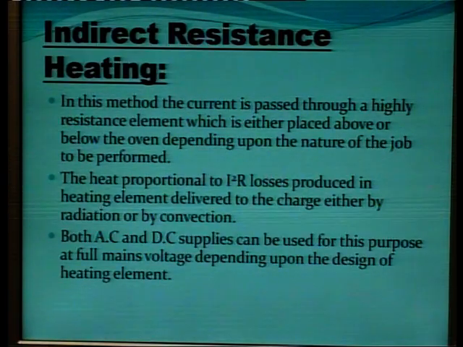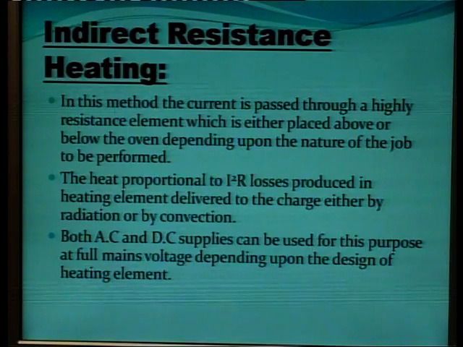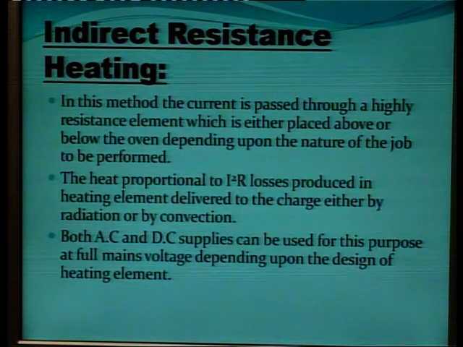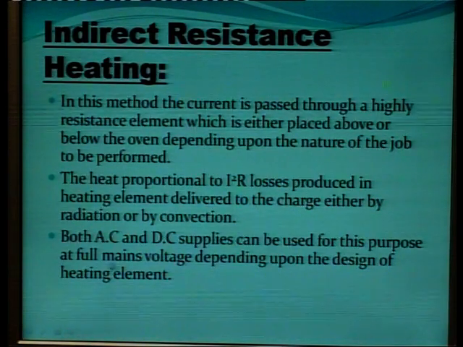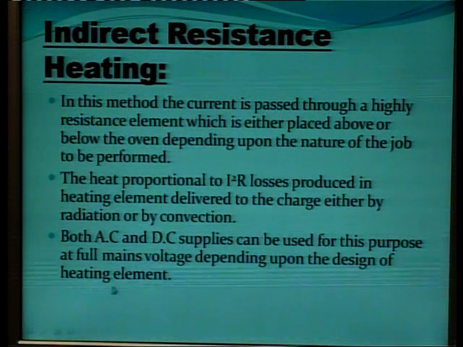The heat proportional to I square R losses produced in the heating element is delivered to the charge either by radiation or by convection. Now both AC and DC supply can be used for this purpose at full mains voltage depending upon the design of the heating element.